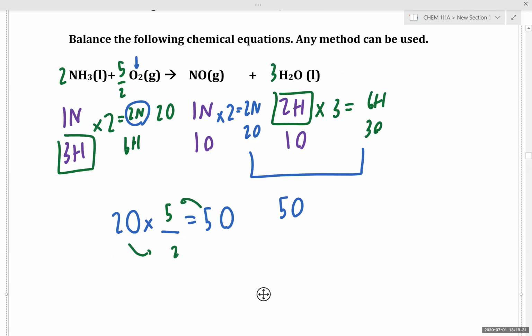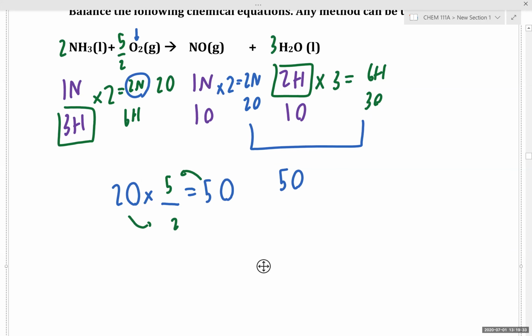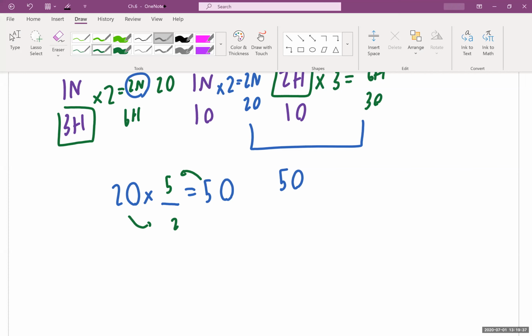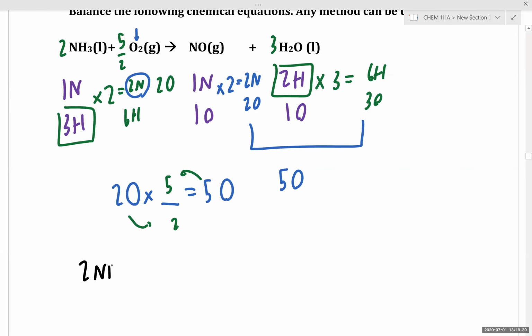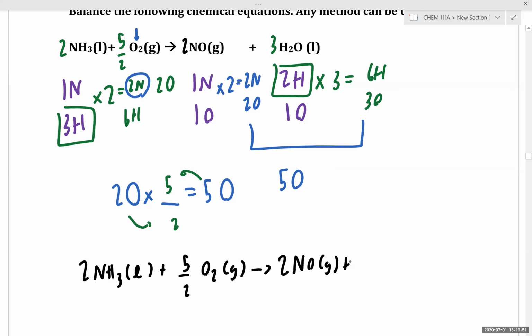So now rewriting our balanced equation, we have 2 ammonia plus 5/2 oxygen gas leads to 2 nitrogen monoxide plus 3 H2O.